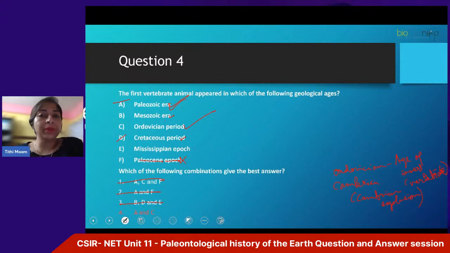But if you remember the order with the help of the mnemonics, that camel often sit down carefully, perhaps their joints creak, or the mnemonic for epochs, put eggs on my plate please honey, and you remember the basic concept that evolution goes from simple to complex, you can answer these questions by selective elimination also.